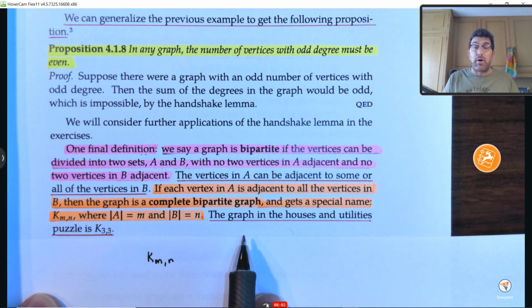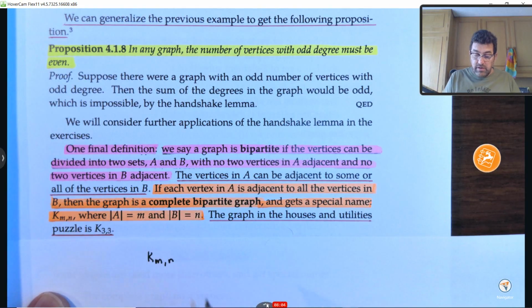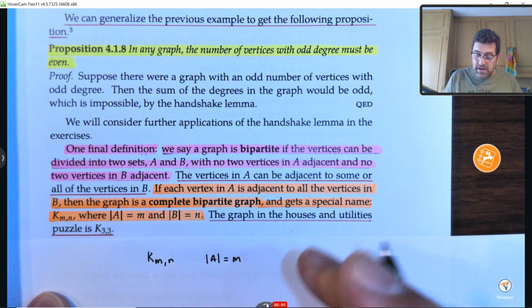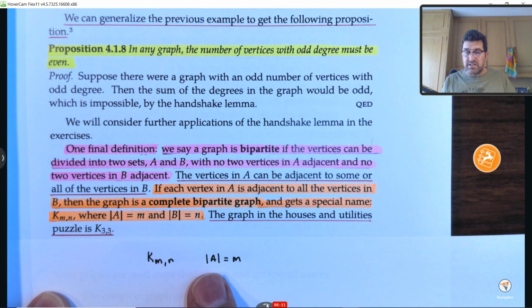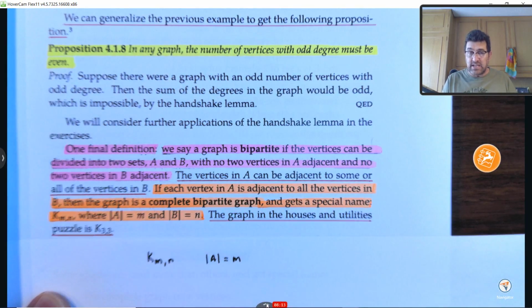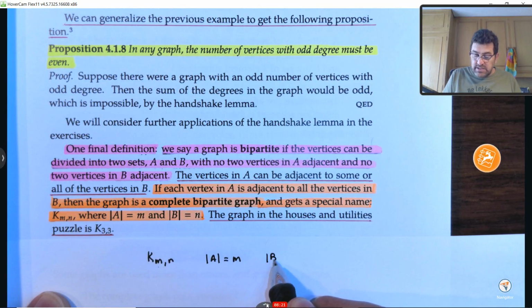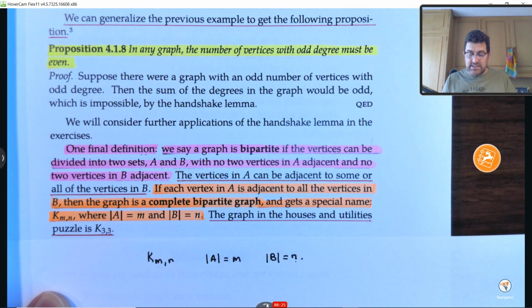The cardinality of set A is represented by M. Remember, the cardinality measures the number of things in that set, so that's the number of elements in set A, and the cardinality of B is the number of elements in the second set.